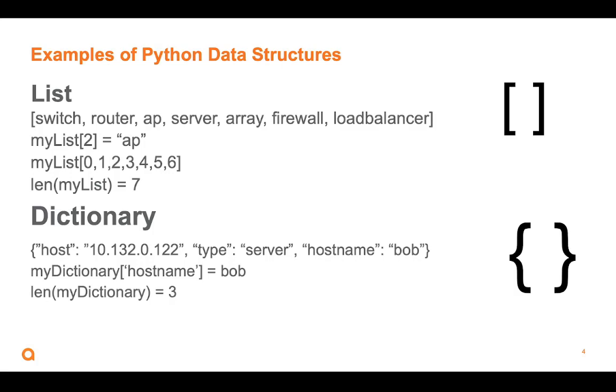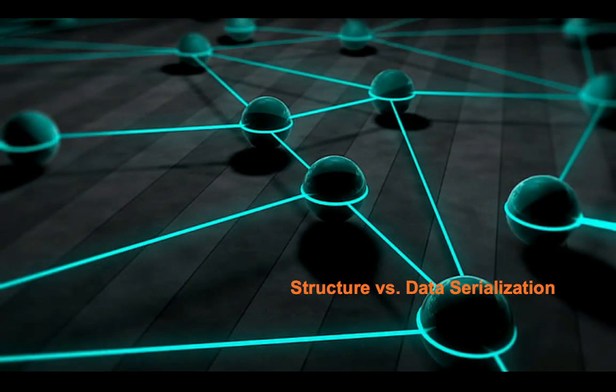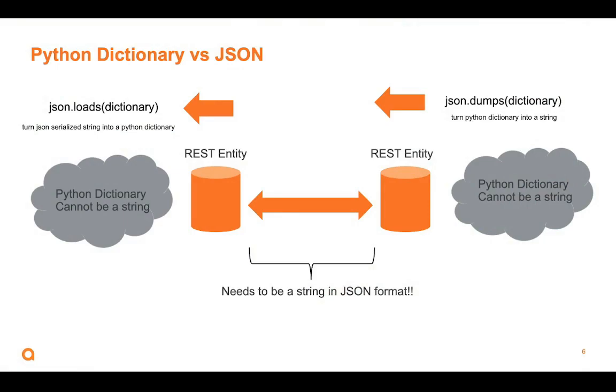We're going to get a very big dictionary and drill down into it. So this is what's going on. We have two things that are REST entities, so they understand REST calls. And we have these other things called Python dictionaries.